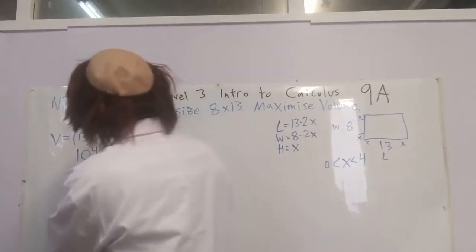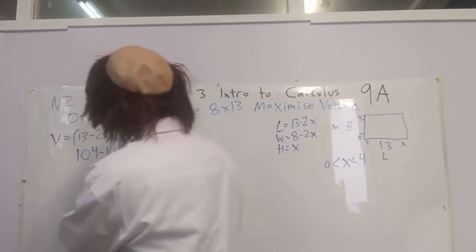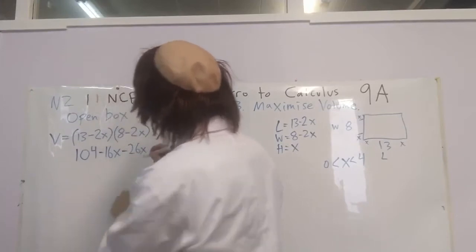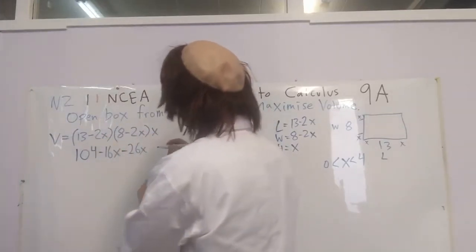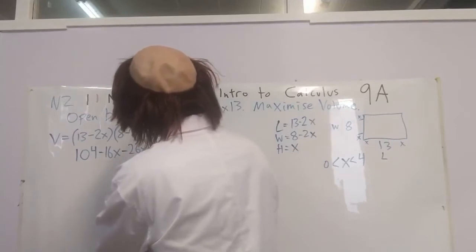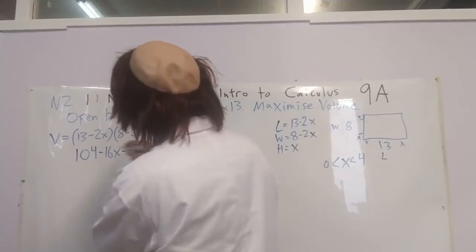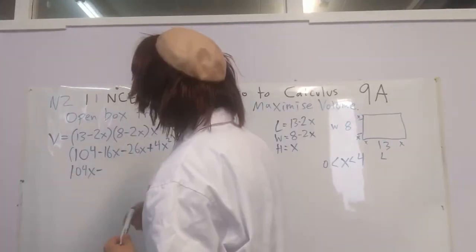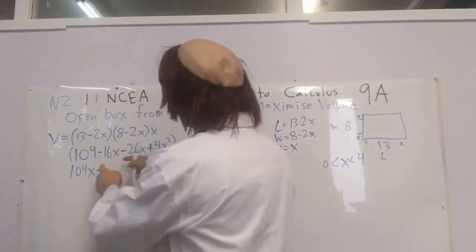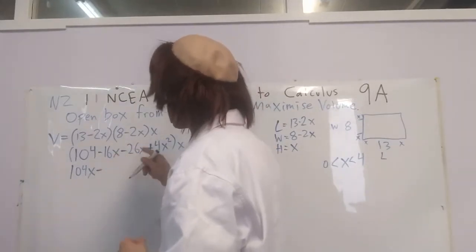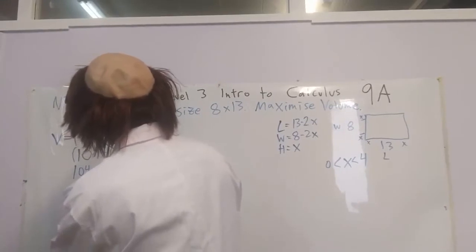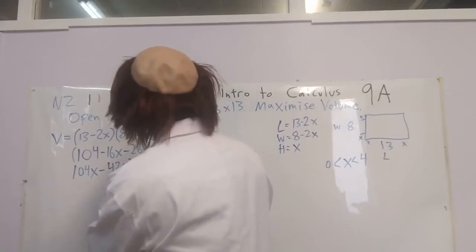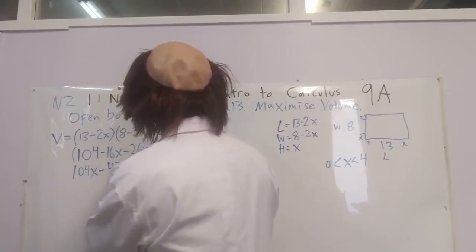Minus 16x, minus 26x, plus 4x squared. And then we have to multiply this by that x right there. 104x minus 16x minus 26x, that's minus 42x squared plus 4x cubed.